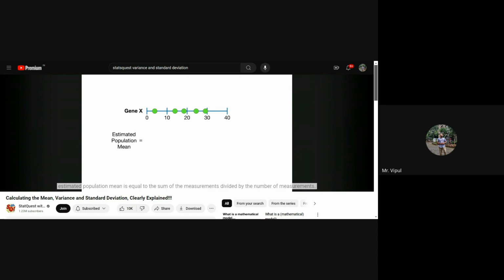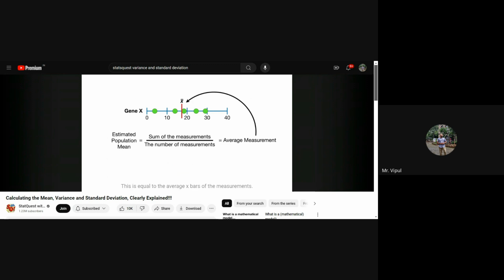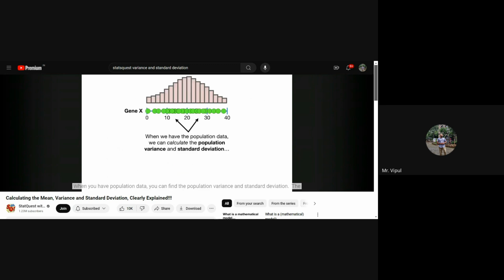The estimated population mean equals the sum of the measurements divided by the number of measurements, which equals the average measurement, x bar. When we have the population data, we can calculate the population variance and standard deviation.